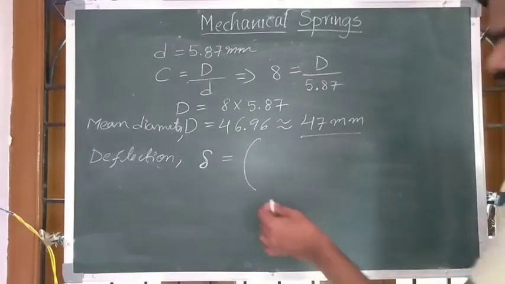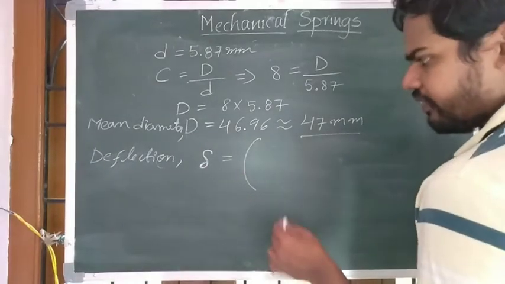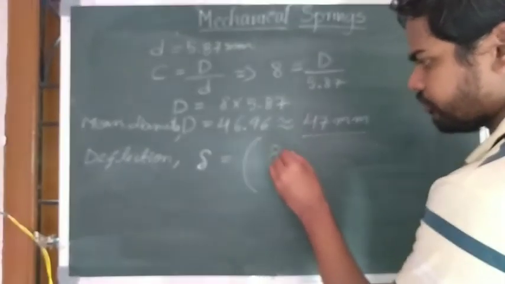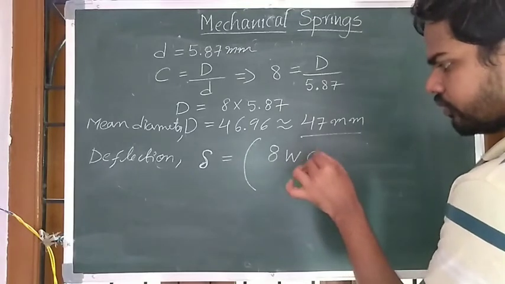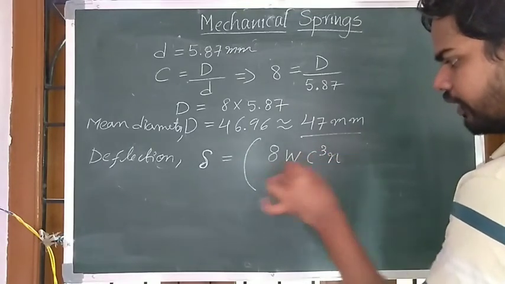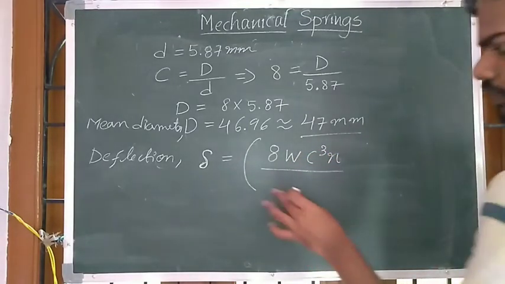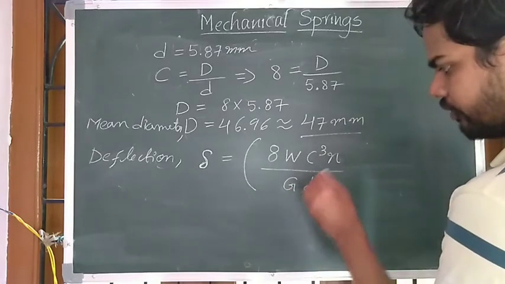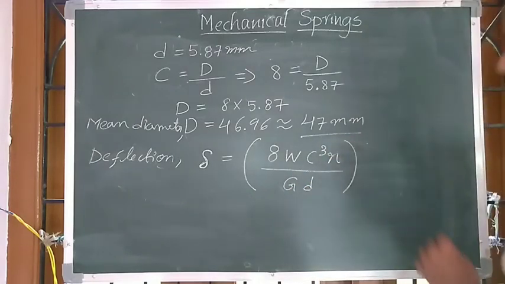Just the simple formula. Deflection delta is equal to 8 W C cube N divided by G d.